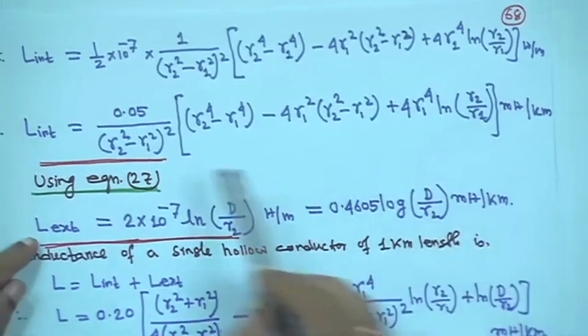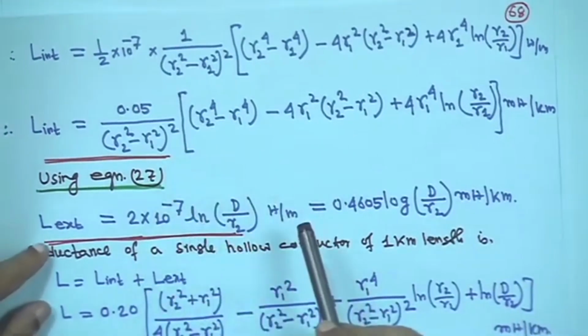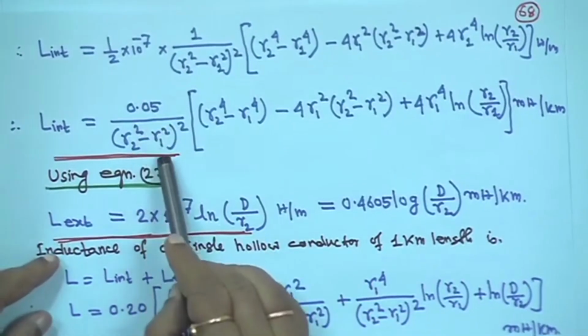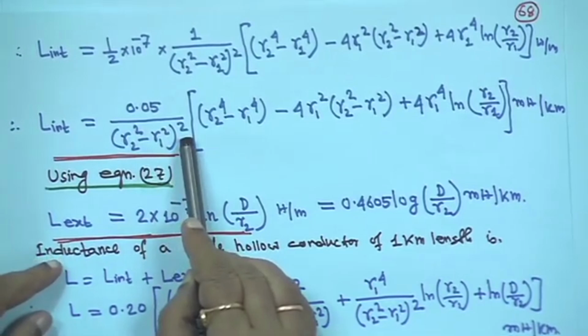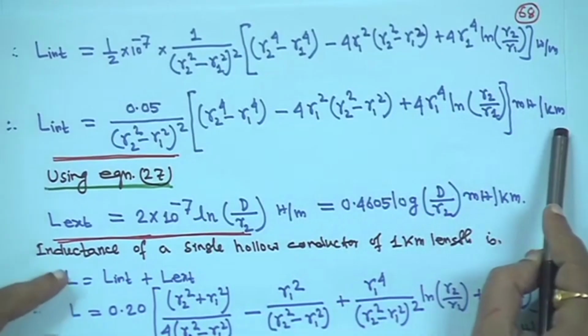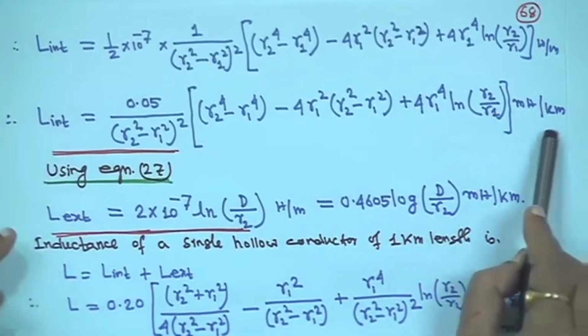This can be further simplified. So, it is 0.05 divided by (r2 square minus r1 square) whole square, and bracket all these terms, will come in milli Henry per kilometer.